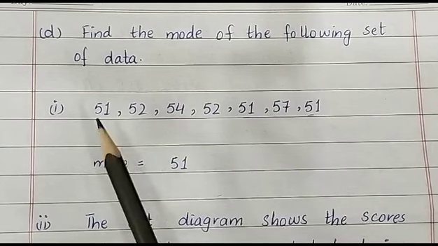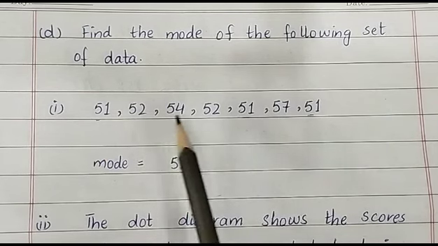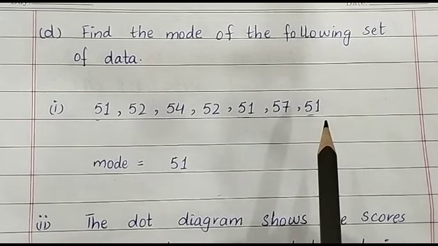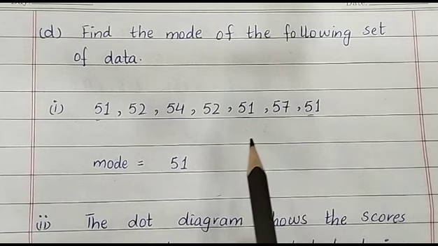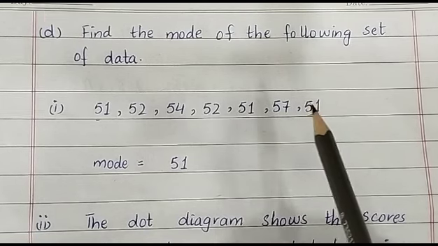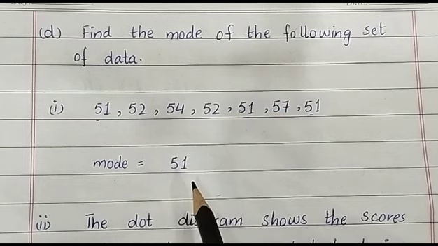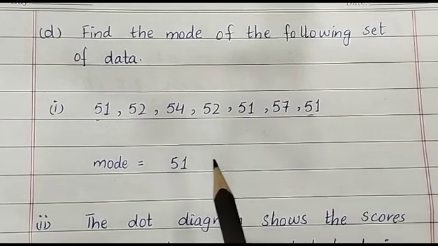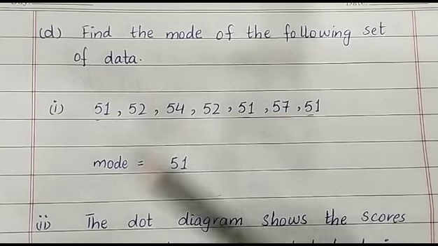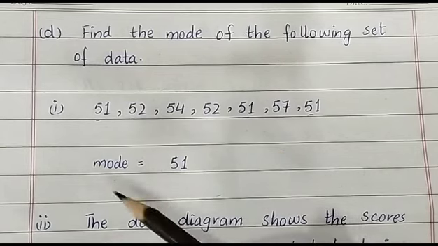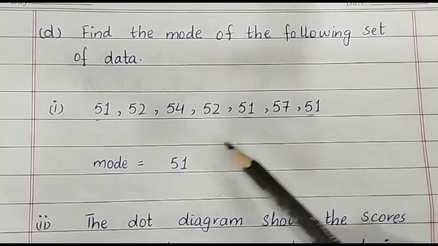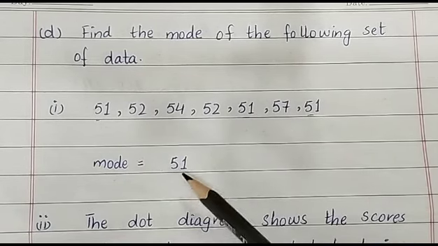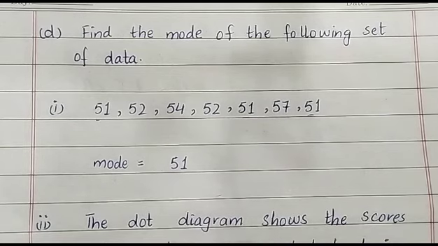In this question 51 comes more times, so 51 has the greatest frequency, and the mode will be 51. You only have to find out which number is coming more frequently, which is written more times. So you only have to find out that number, and that number will be the mode of your question.